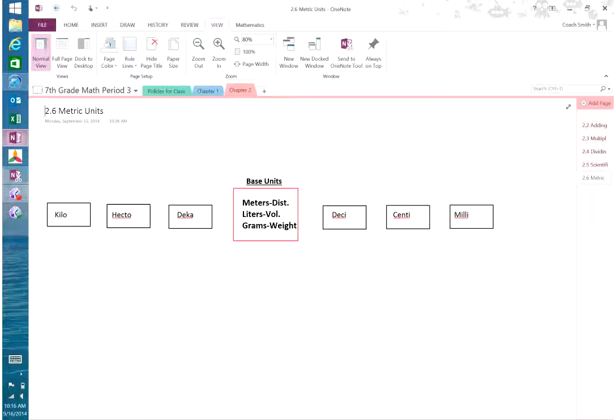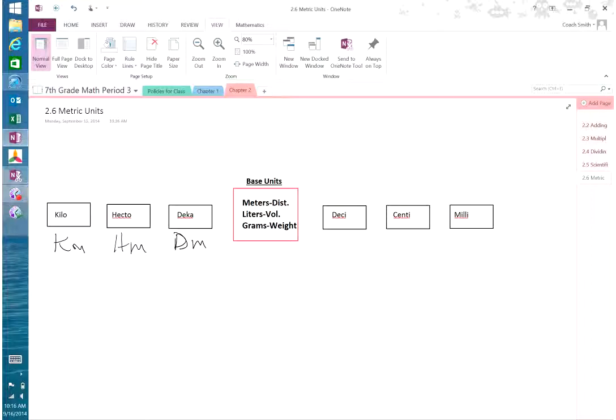Where our system might have feet at the base unit, with inches and fractions of inches on one side, and yards, fractional yards, and miles on the other, they have meters, with decameters, hectometers, and kilometers.